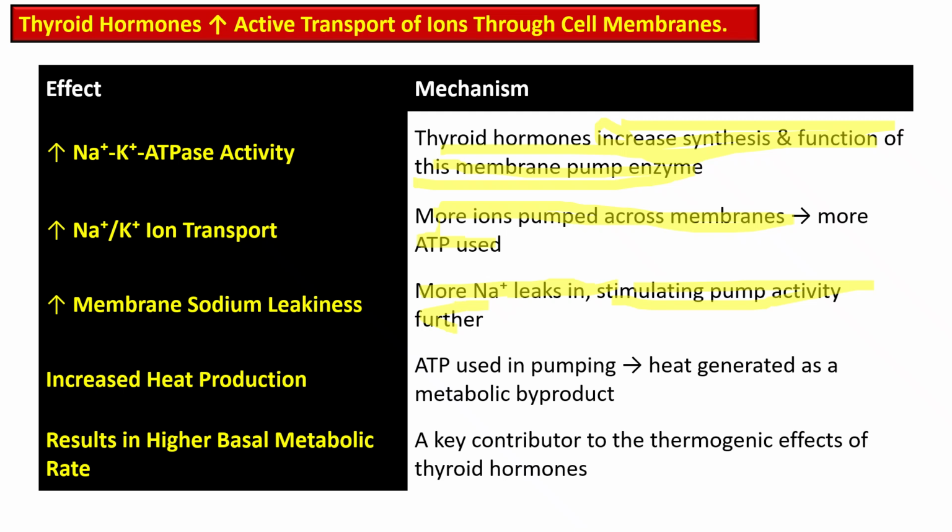And the ATP that is used in the pumping is responsible for generation of heat as a metabolic byproduct, and this mechanism is a key contributor to the thermogenic effect of the thyroid hormones.